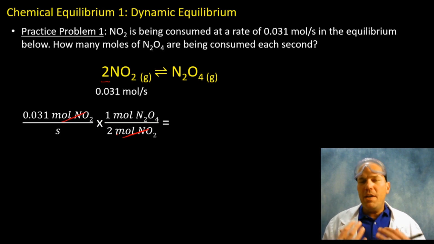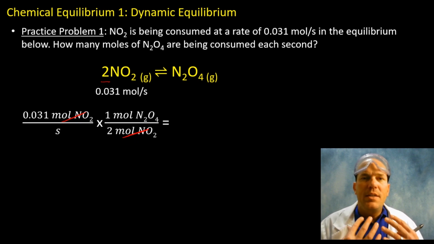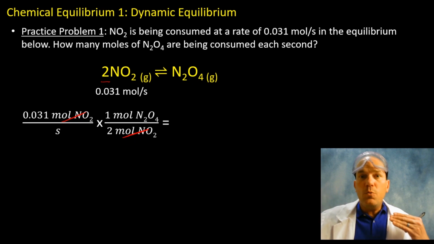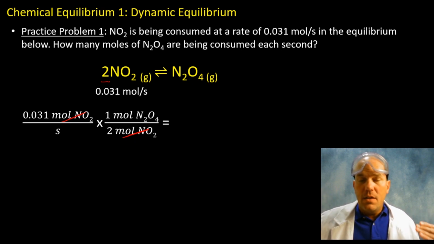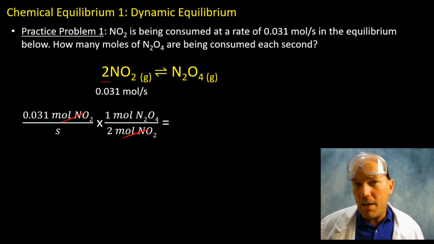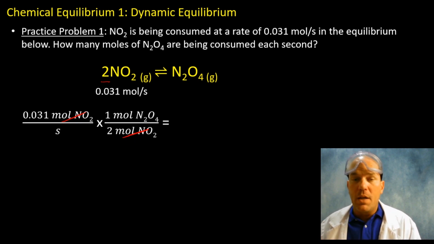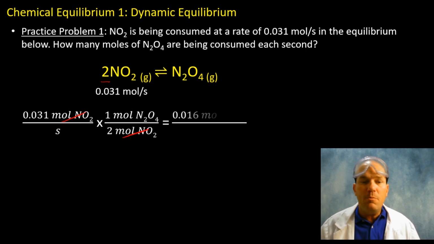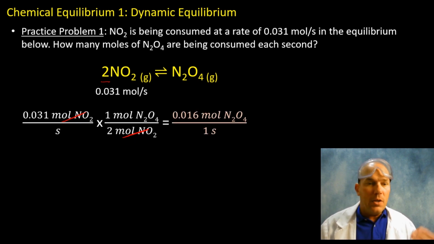So one way to think about this is the nitrogen dioxide is being consumed at twice the rate that the dinitrogen tetroxide is being formed. That's one way to think about this, and that's exactly what we're looking at here. So we end up with our final answer.